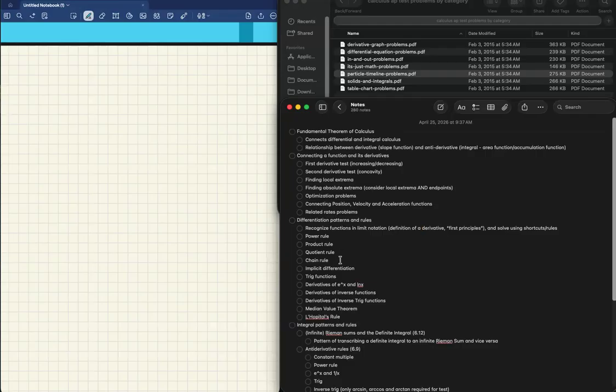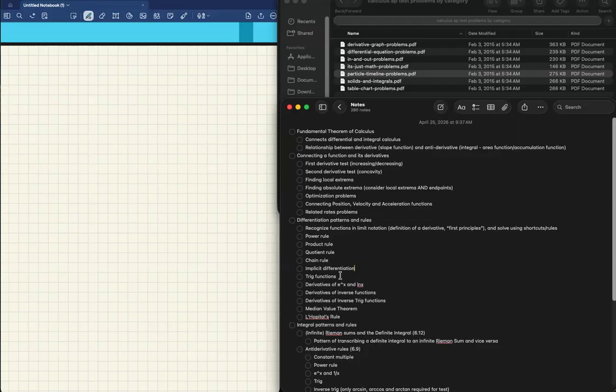Then the chain rule, we've gone over this many times, so you should be really comfortable with that. Always identify inside functions and remember to multiply the derivative of the outside function by the derivative of the inside function, and continue until you don't have any more inside functions. Then implicit differentiation, that's an important technique to review, but again, we'll apply this in problems and just refer to it.